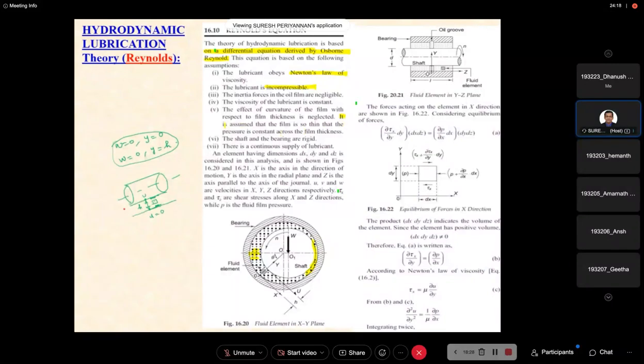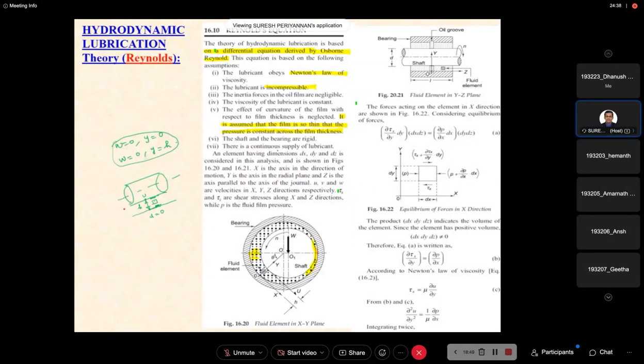When the film is so thin, the pressure is constant across the film thickness. He says that for each layer of the fluid film, the pressure is constant.